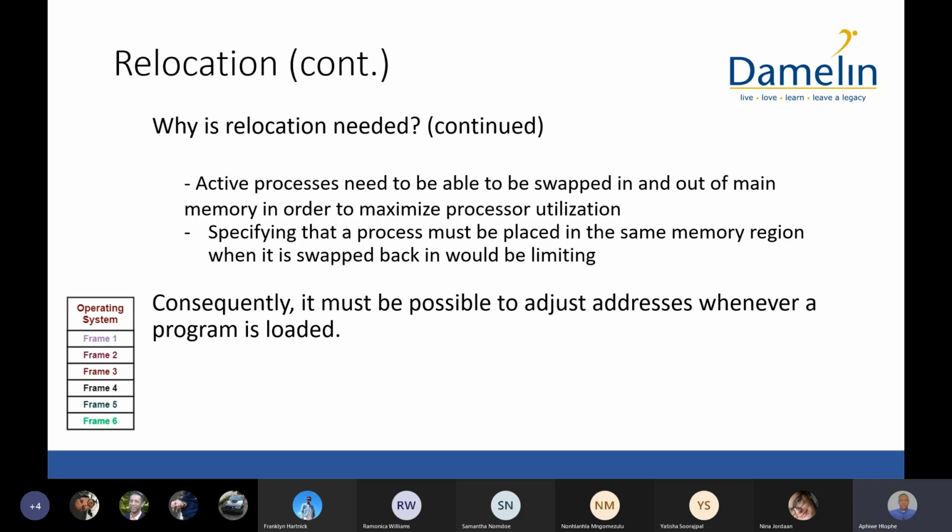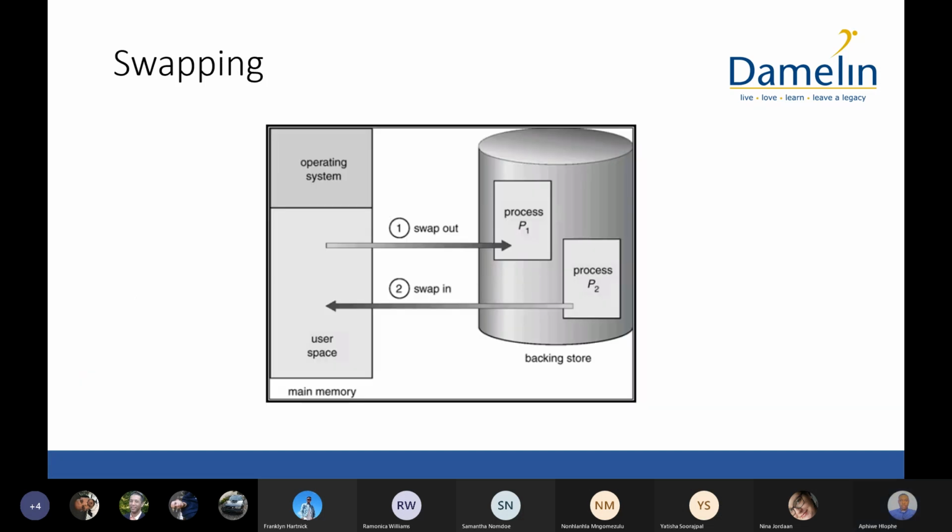Okay, so you would see relocation or swapping in a multi-programmed operating system. It doesn't matter in a uni-programmed operating system because there is only one program or process there at any one particular time in the user area of the memory. And you can see in the slide in front of you now how this concept of swap in and swap out actually works.